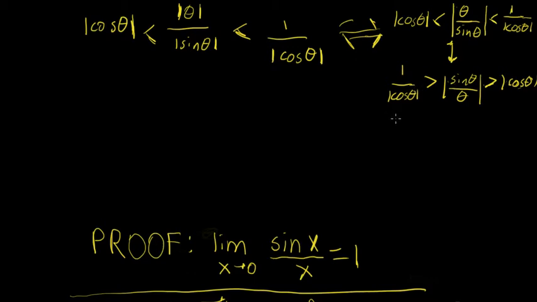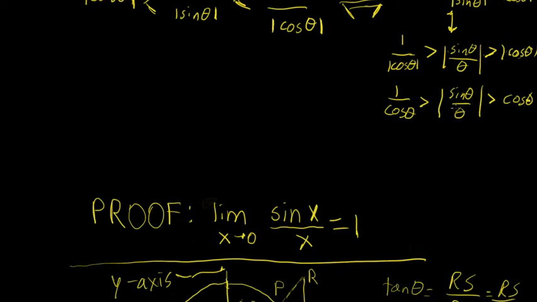So this is the same thing as saying 1 over cosine of theta is greater than the absolute value of sine of theta over theta, which is in turn greater than cosine of theta, because if cosine of theta is positive, the absolute value of a positive quantity is equal to itself.